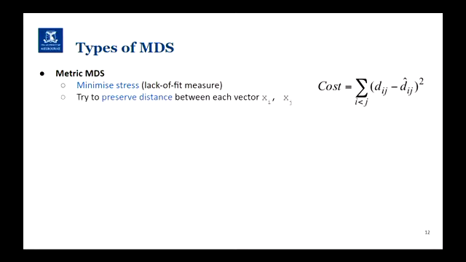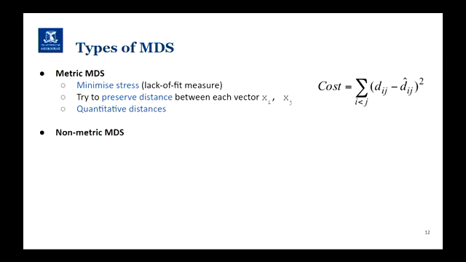Basically, metric MDS will try to preserve the distances between our vectors xi and xj that represent points i and j in high-dimensional space. So it will try to minimize the stress, minimize the differences in those distances. And that can be done using a cost function. For instance, I want to minimize the difference in the distance between these two points in high dimension and lower dimension. Okay? In that way, distances are used as a quantitative measurement.